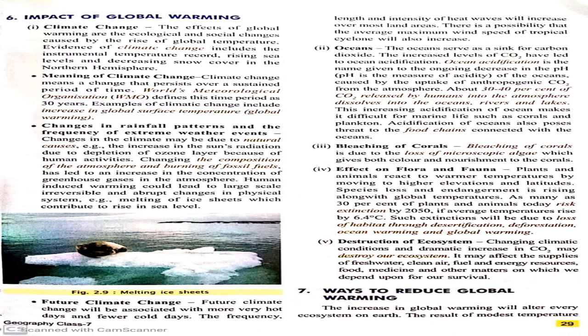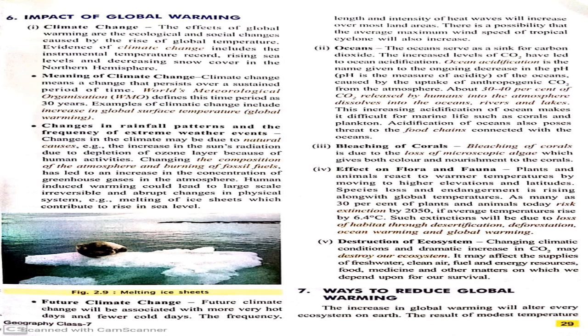It is because of the loss of microscopic algae. We already saw that carbon dioxide, CO2, makes the ocean acidic, and it is also a threat for marine life, right? Because of that, we can see a loss of microscopic algae, which gives color and nourishment to the corals.